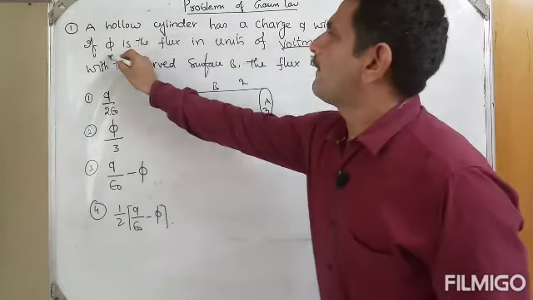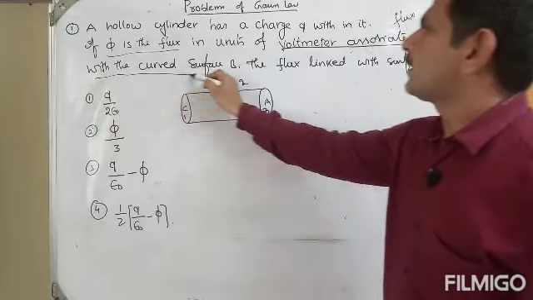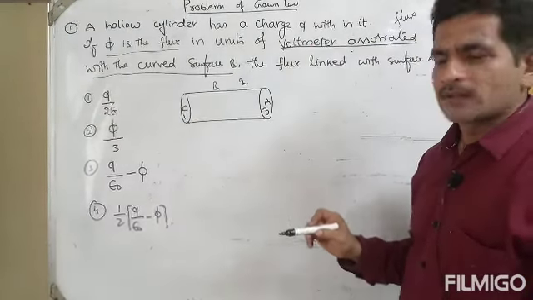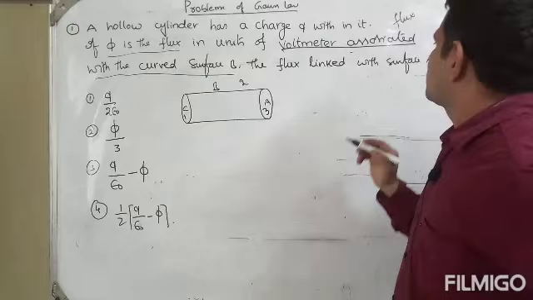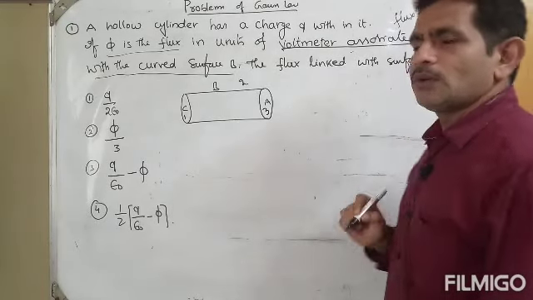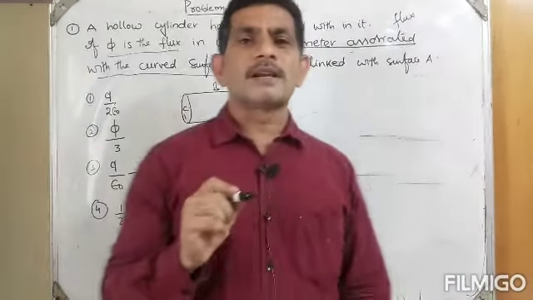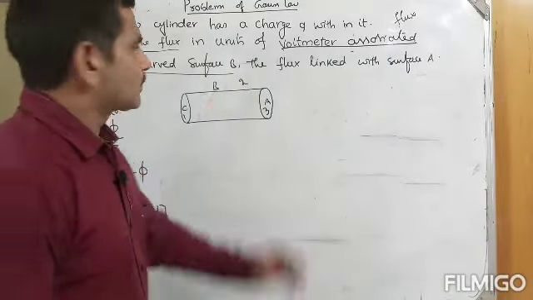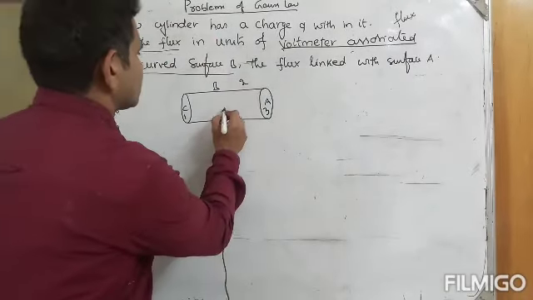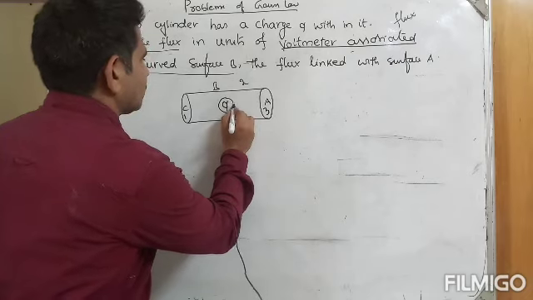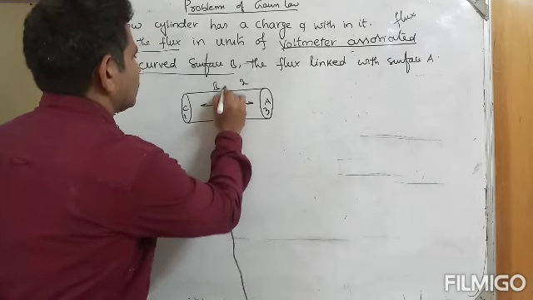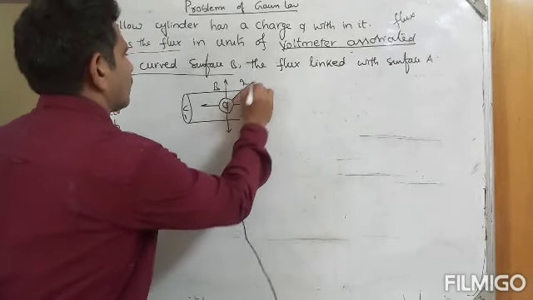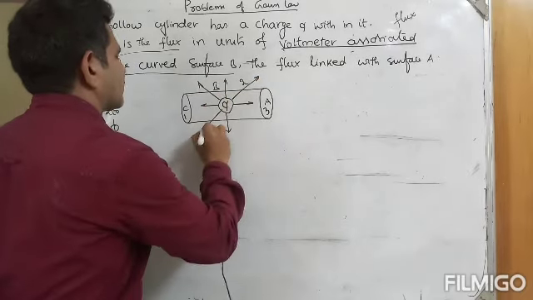If phi is the flux through the curved surface B, then what is the flux linked with the surface A? So you can come to the conclusion this problem is related to flux. Understand? Suppose there is a charge Q, the flux spreads in all directions.